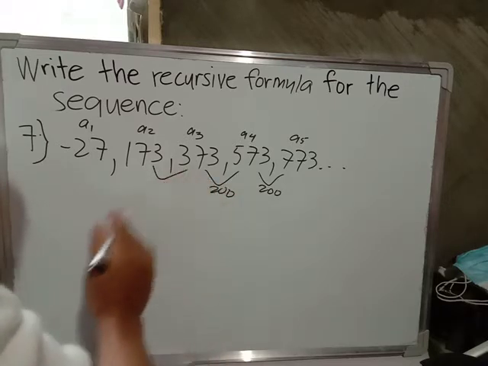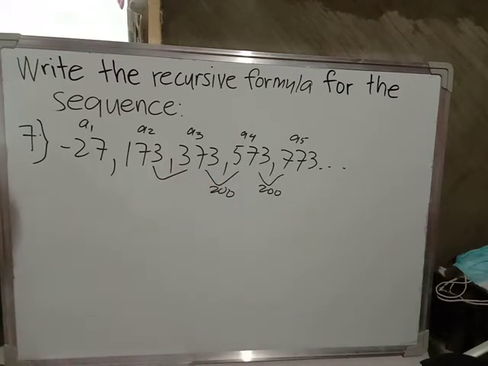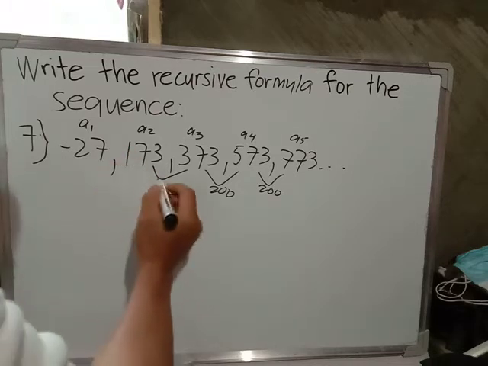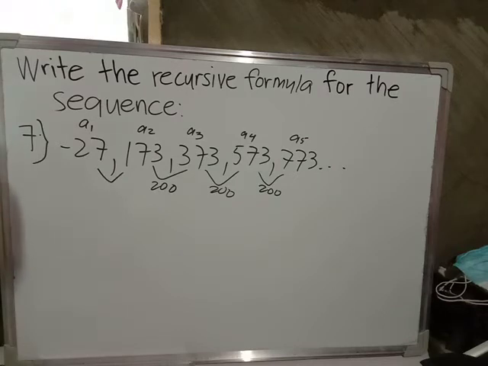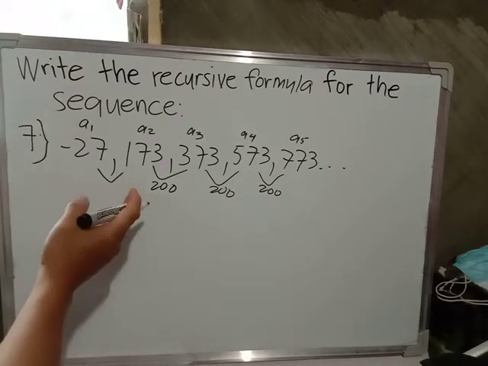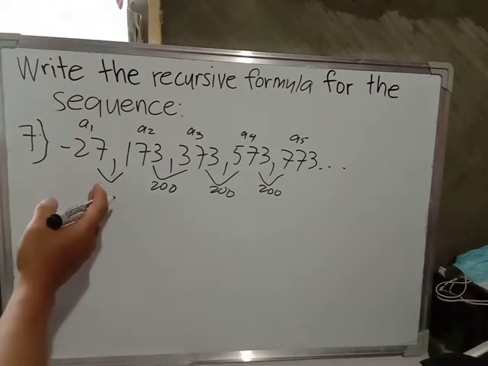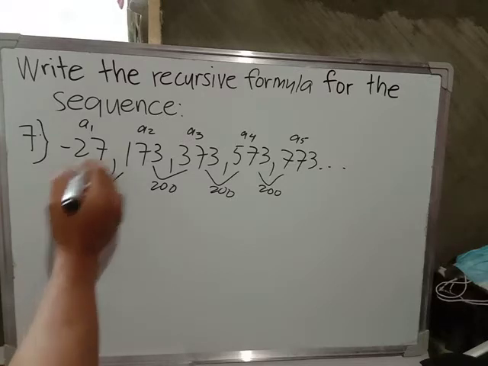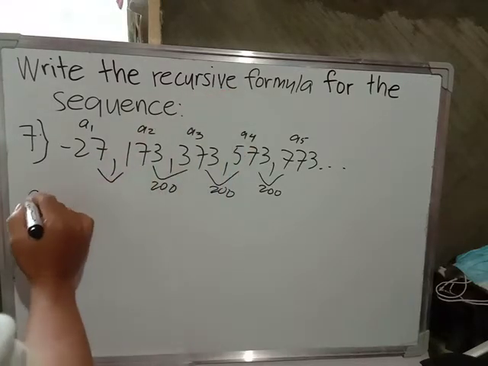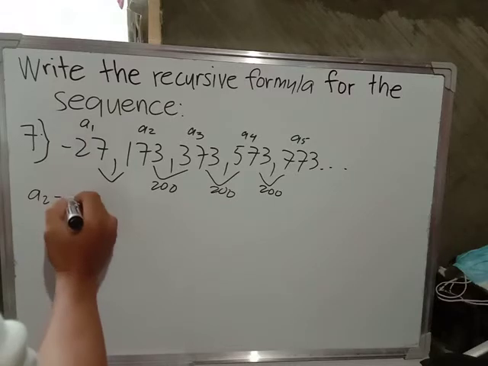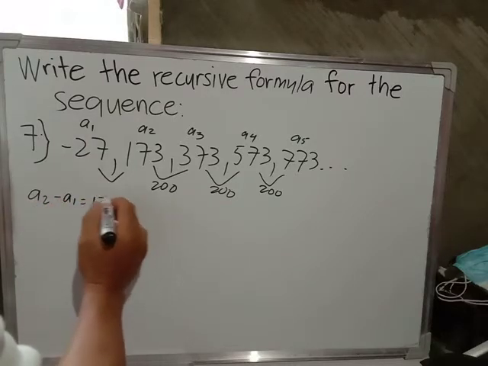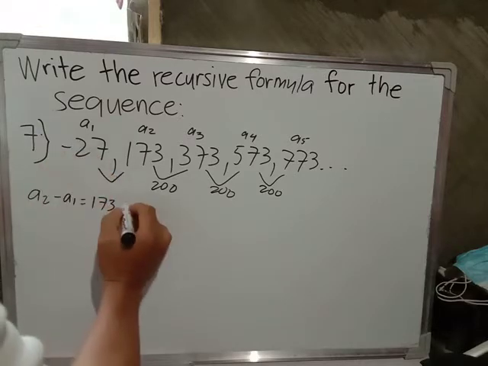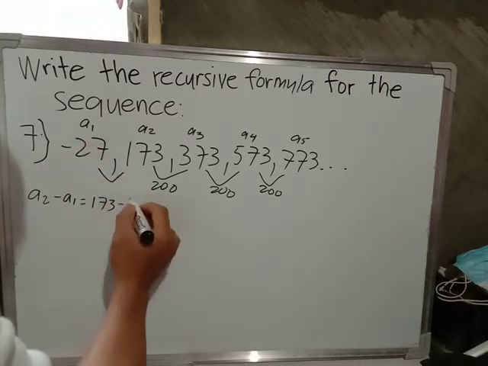Then, 373 minus 173 is 200. So, dito, E2 minus E1 is equal to E2 natin is 173 minus negative 27.